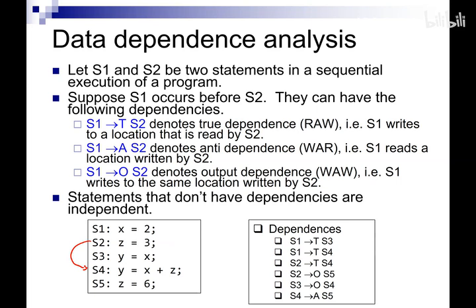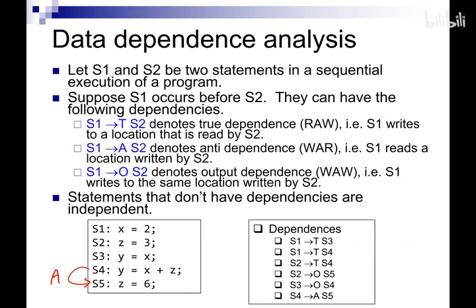Another example: we have an anti-dependence from S4 to S5. This is because we first read the value of Z into Y, and then later you write the value of Z. So that's a write after read.